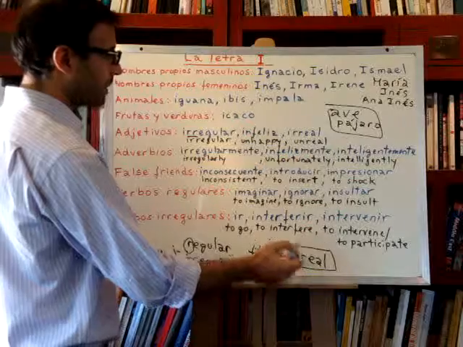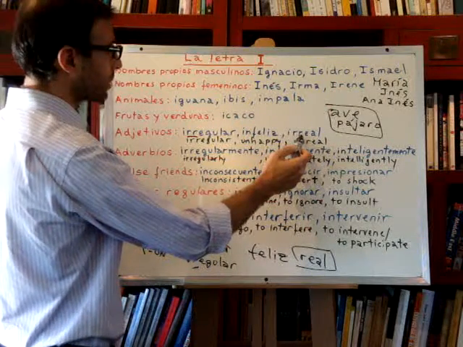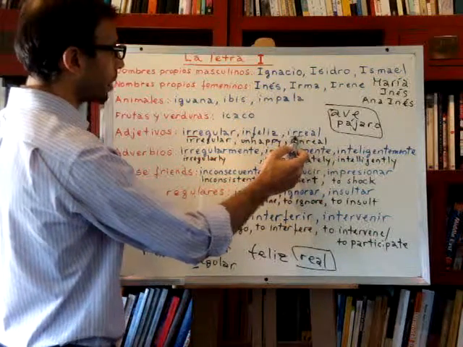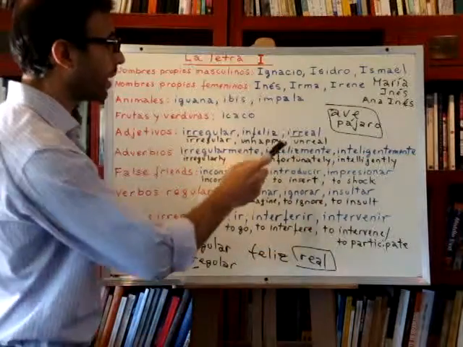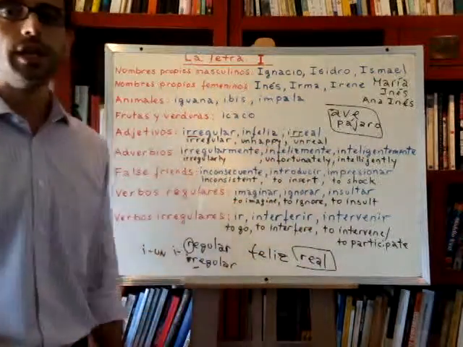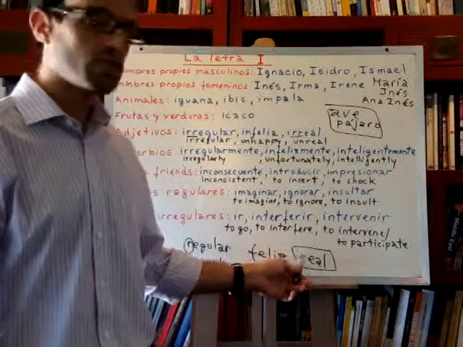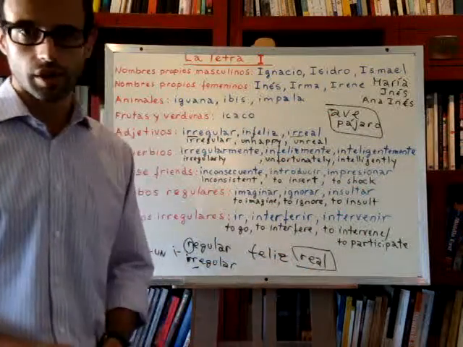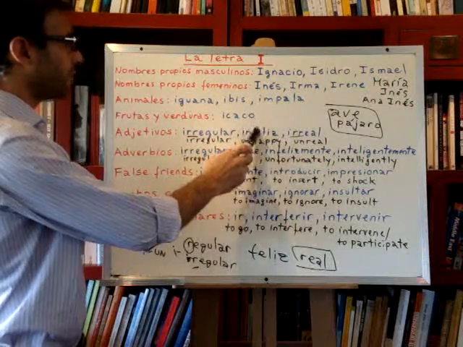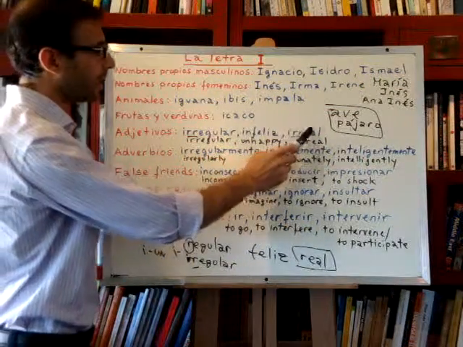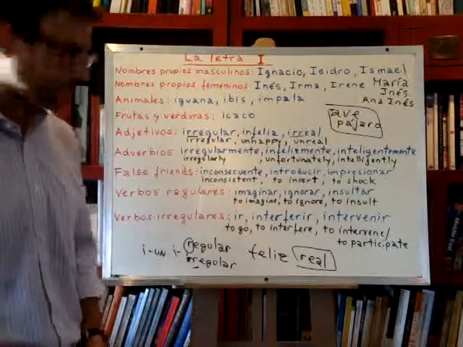And again, just to keep the same pronunciation of the R, we add one more R here, right? And we say irreal. If we did not add one more R, it would change the pronunciation of the R. So irregular, infeliz, unhappy, and irreal for unreal.